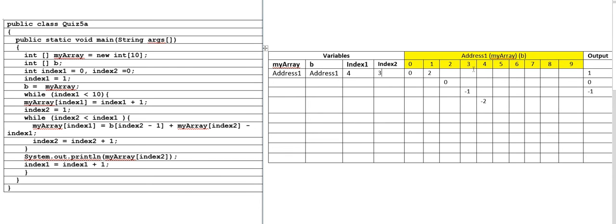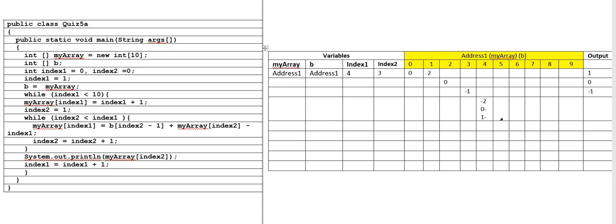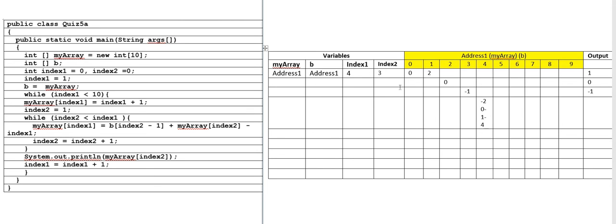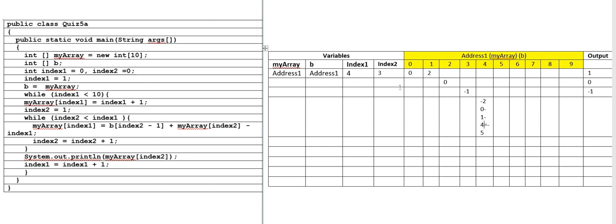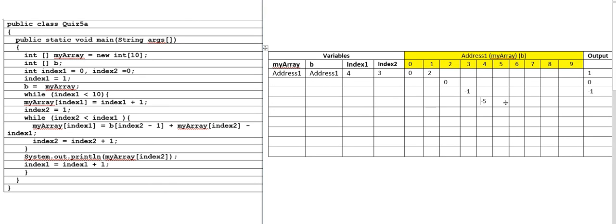We add the value at the previous index of index 2 to the value at the current index of index 2, which is -1, and then again we subtract the value of index 1, which is 4. So 0 minus 1 minus 4, we get -5. So this is the final value at index 1.